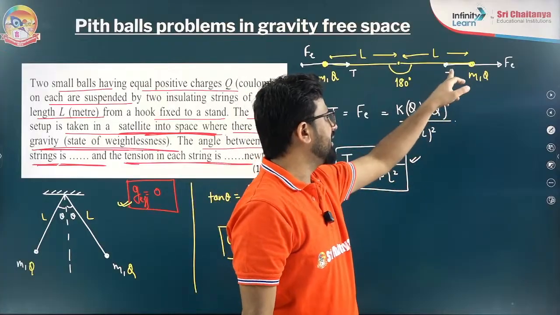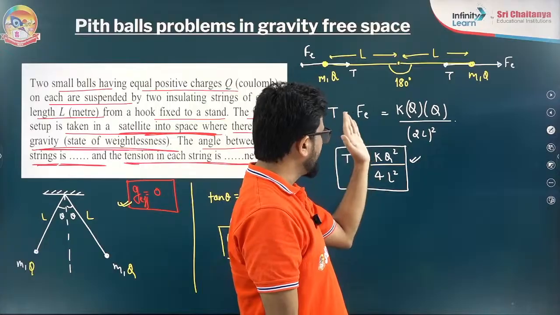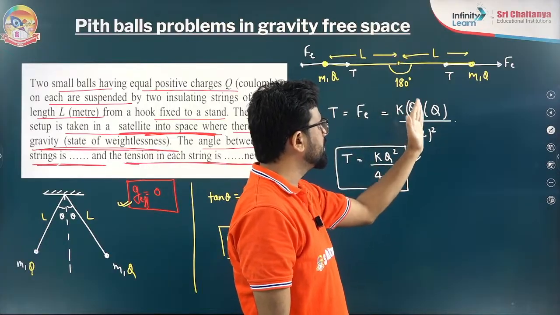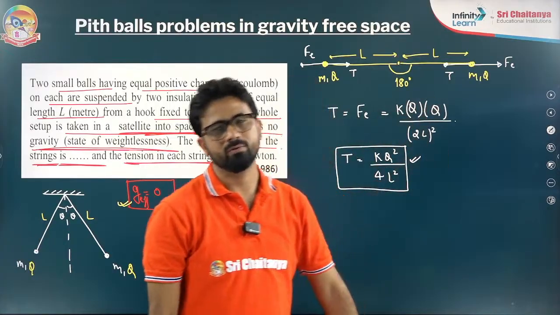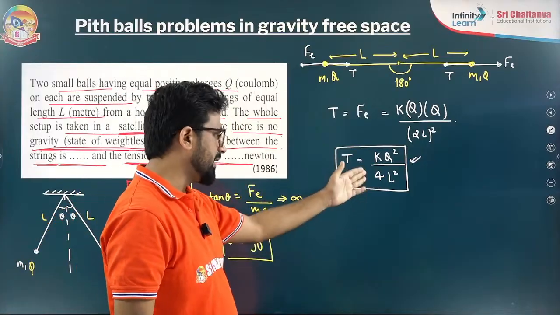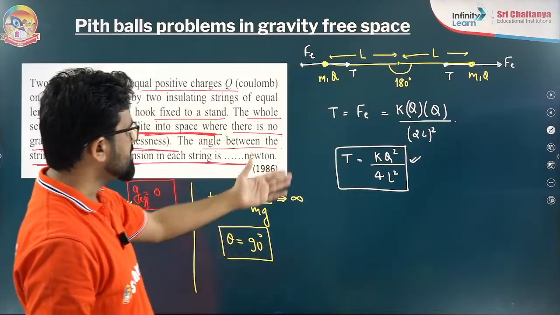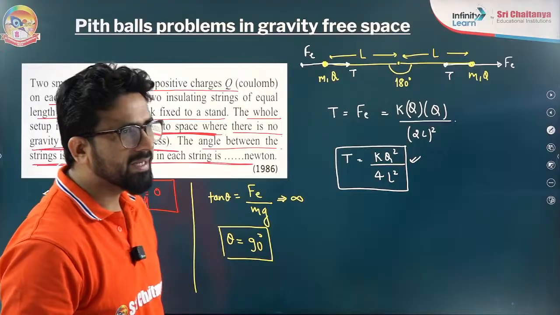That means Fe and tension both should be equal. That means tension is equal to Fe, that means Q into Q divided by 2L whole square. So directly we can say kQ square divided by 4L square. That is the answer. Clear or not clear, beta?